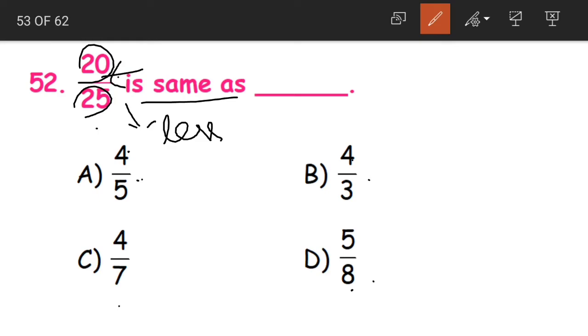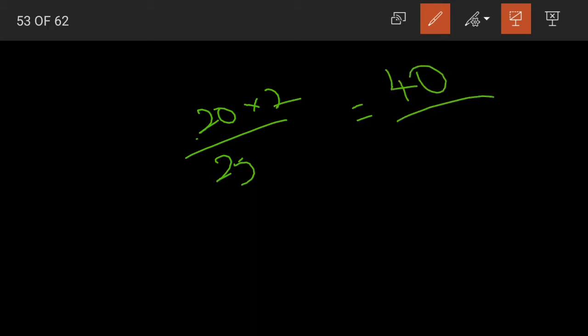See here the numerator is 20, but in the options it is either 4 or 5. If I multiply our 20 by 25 with even 2, the numerator will become 40. But the numerators in the options are lesser than the actual numerator. That means we have to divide both the numerator and denominator.